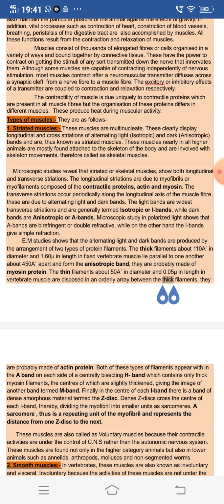and myosin. The transverse striations occur periodically along the longitudinal axis of the muscle fiber, and these are due to the alternating light and dark bands. The light bands are the widest transverse striations and are generally termed the isotropic or I bands, while dark bands are the anisotropic or A bands.